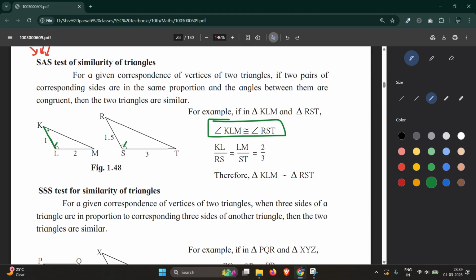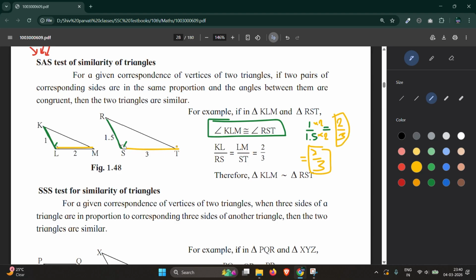As you can see over here, the ratio for this side and this side, that is 1 upon 1.5, is the same as the ratio of this side and this side, that is 2 by 3, because you can just multiply this by 2, and over here you will also get 2 by 3.